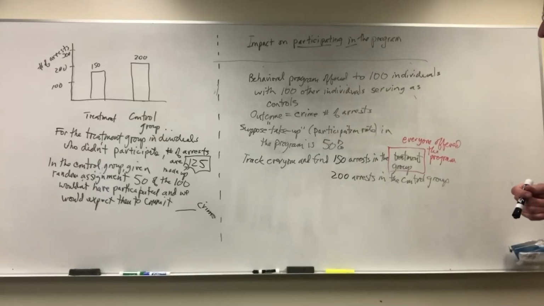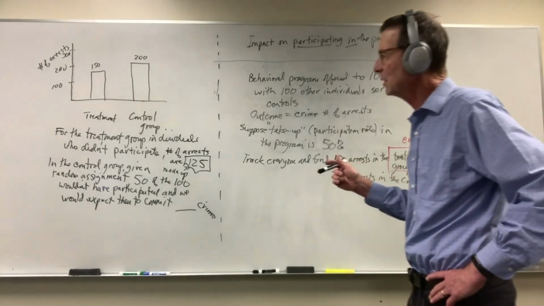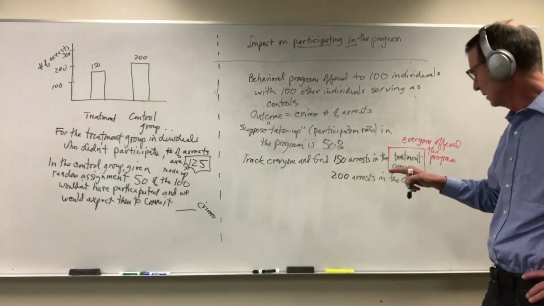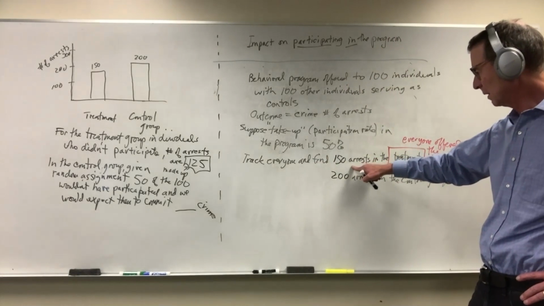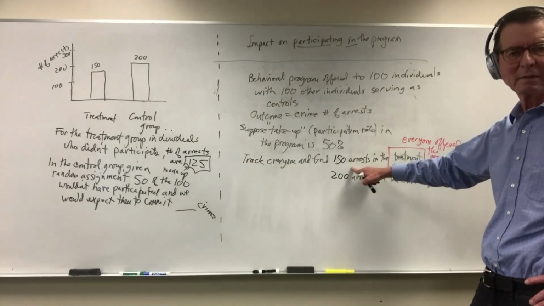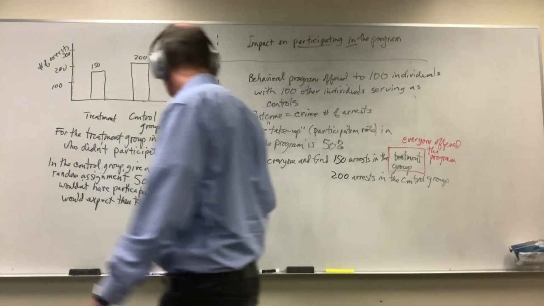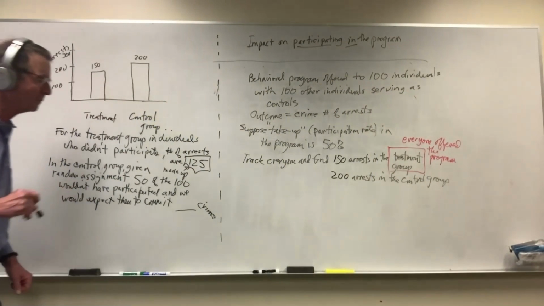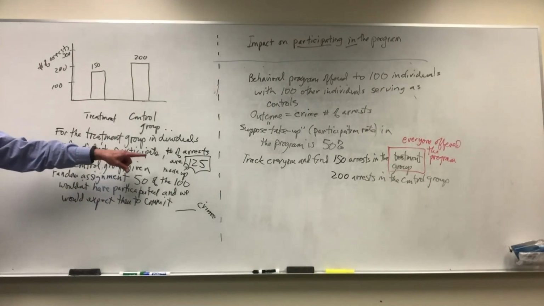Well, but in the treatment group, that obviously wasn't the case, right? There were 100 people in the treatment group. Half the people didn't participate, and there were 150 arrests altogether, right? So it's not going to be evenly divided up. We already know that 125 of the arrests are for the people who didn't participate.